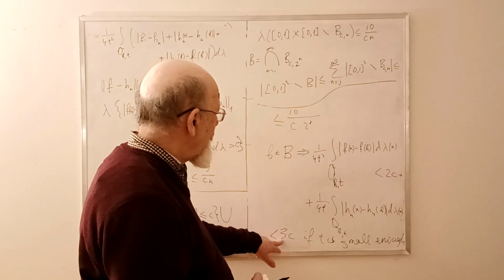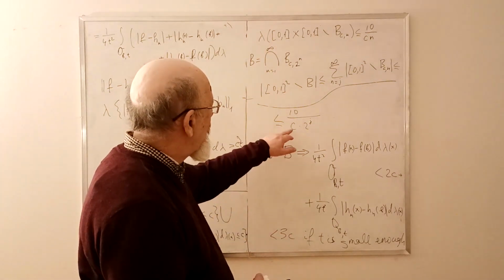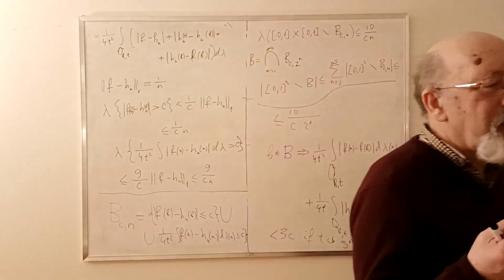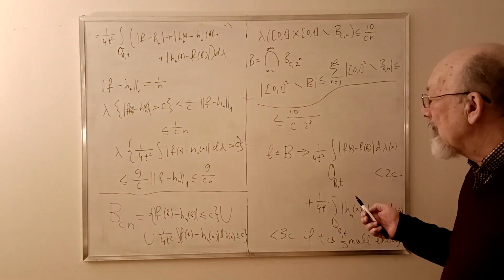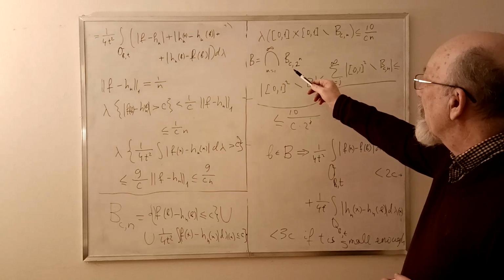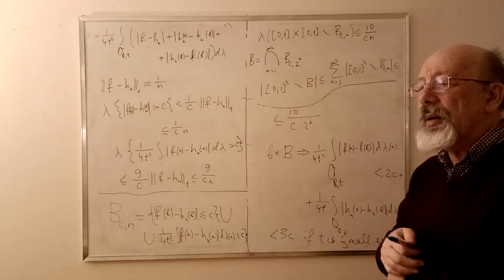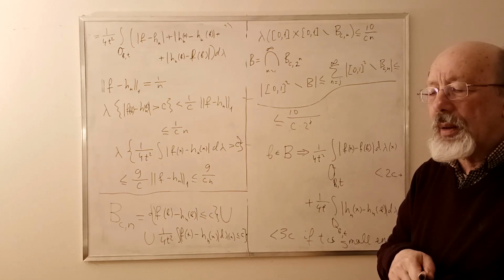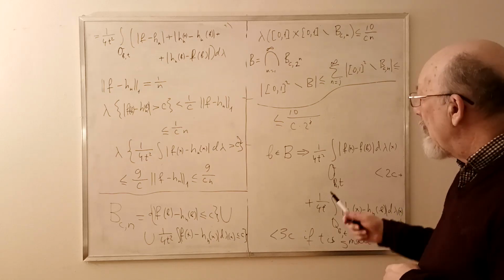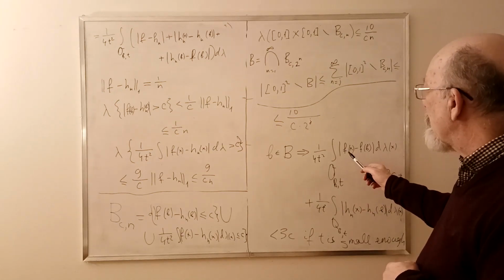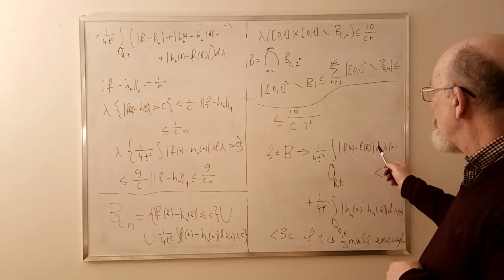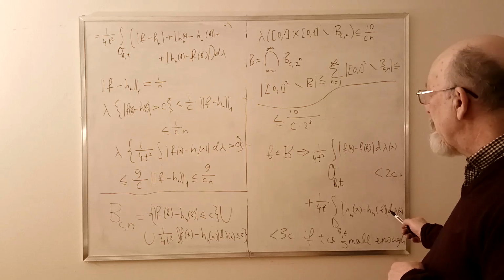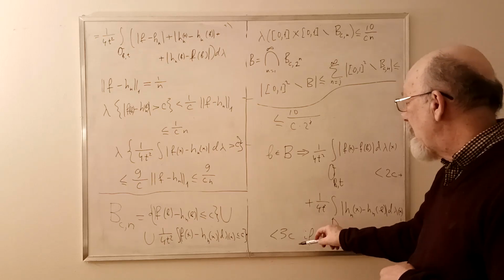So for constant C, for all the points in the set B, this difference is less than 3C.